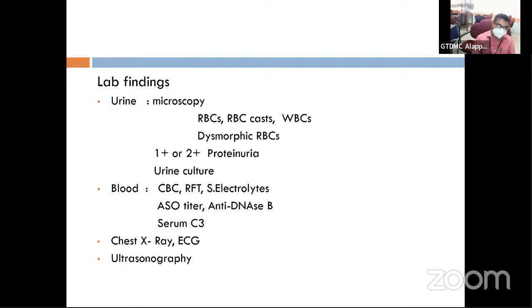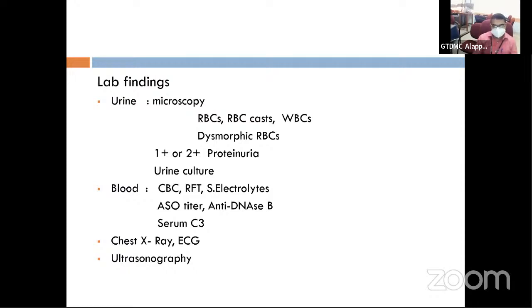So you can do a urine culture and sensitivity to rule out an infection. The WBC count may sometimes outnumber the RBCs in the urine, but it does not indicate an infection; it is due to inflammation. And dysmorphic RBCs are characteristic of glomerular hematuria. Using phase contrast microscopy, you can identify dysmorphic or crenated RBCs.